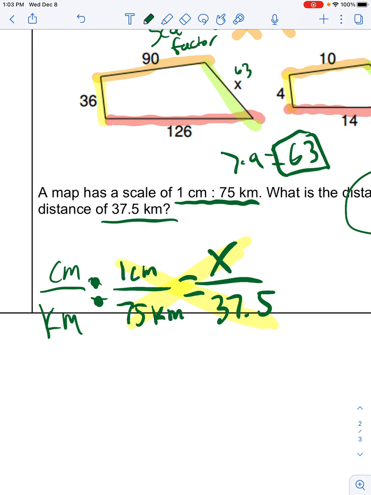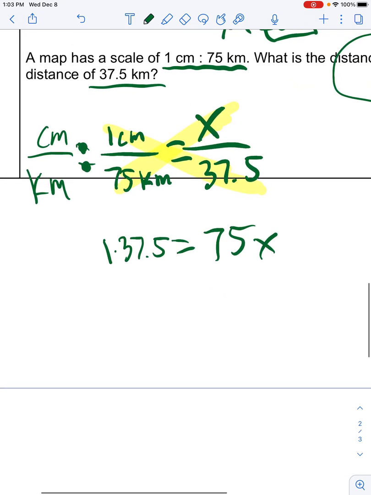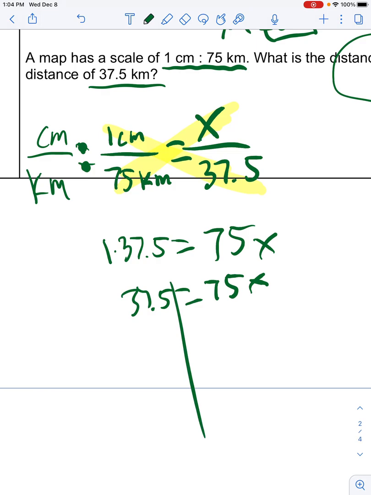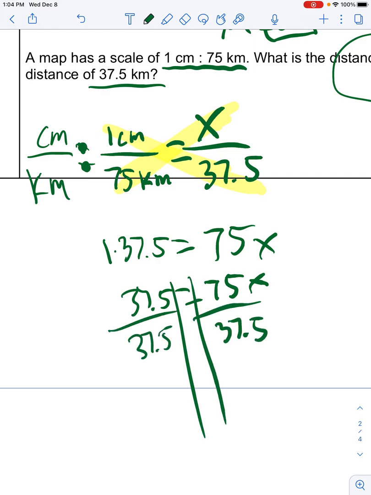So when I cross multiply, I'm going to get 1 times 37.5 equals 75x. 37.5 equals 75x. Divide by 37.5, divide by 37. Oops, almost goofed up there. I've got to get x by itself, so I need to divide by 75 on both sides.